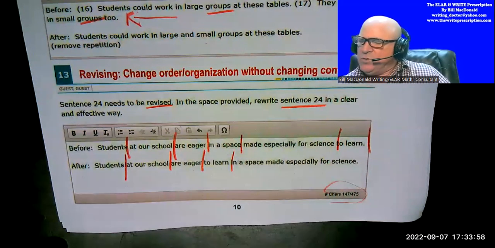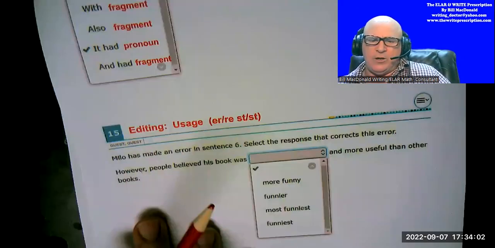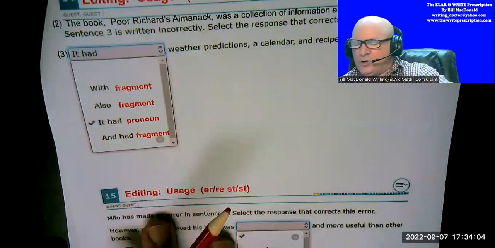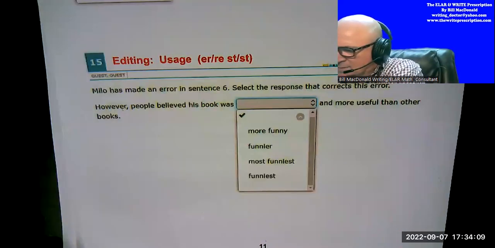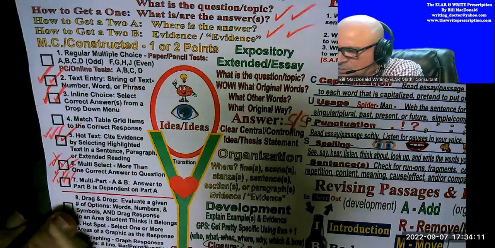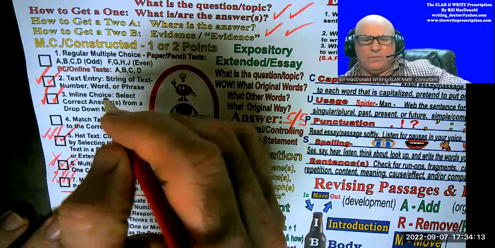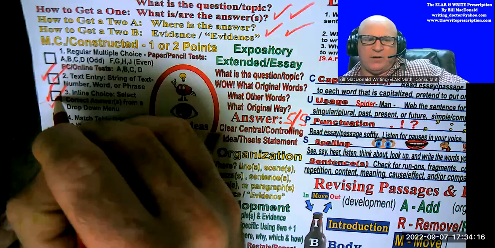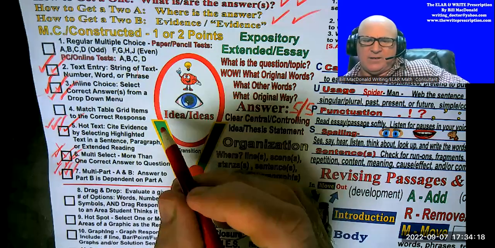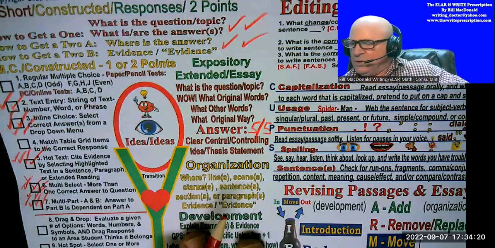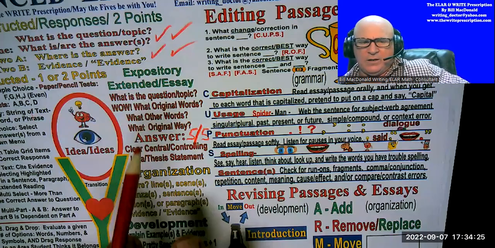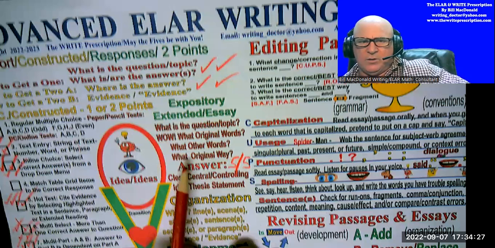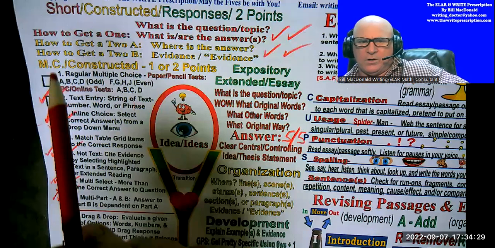The last two are editing, and we see here a drop down menu. So what do we got here? We have a drop down menu, 1, 2. By the time we're done, even though we're talking about editing and revising now, your students are still going to get some constructed short answer or extended essay.